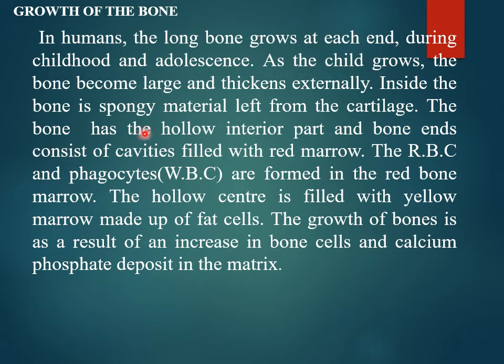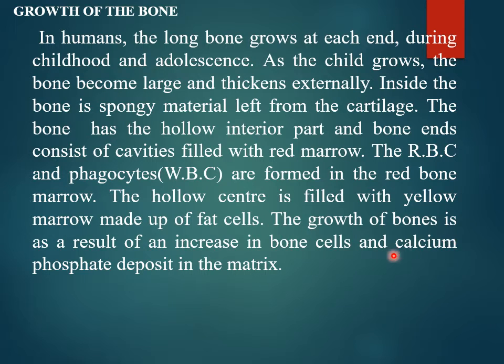The bone has a hollow interior part, and bone ends consist of cavities filled with red marrow. The red blood cells and phagocytes, called white blood cells, are formed in the red bone marrow. The hollow center is filled with yellow marrow made up of fat cells.